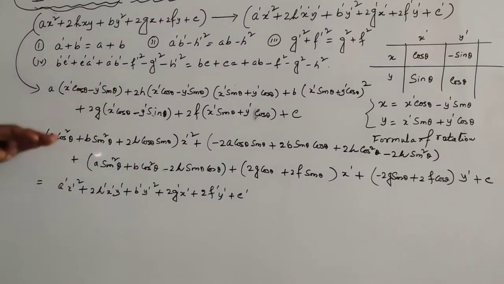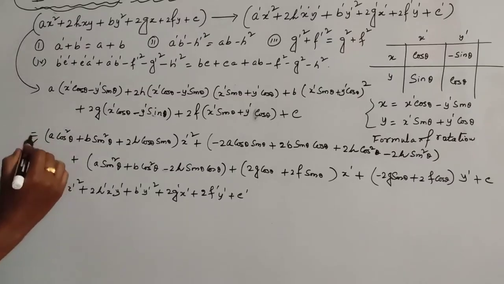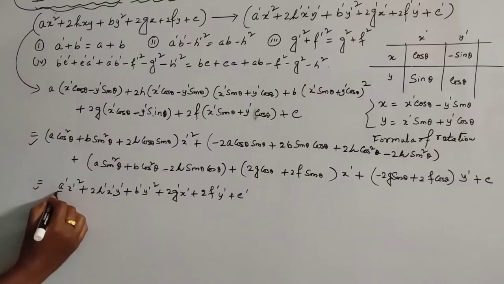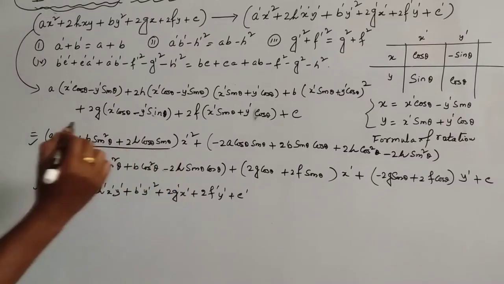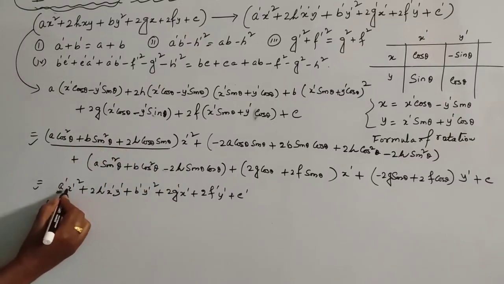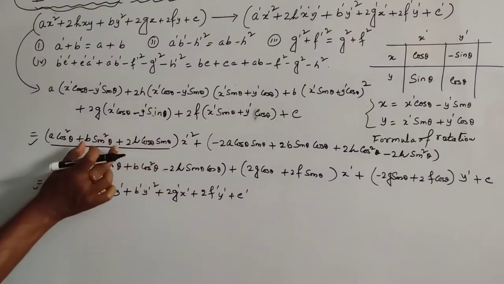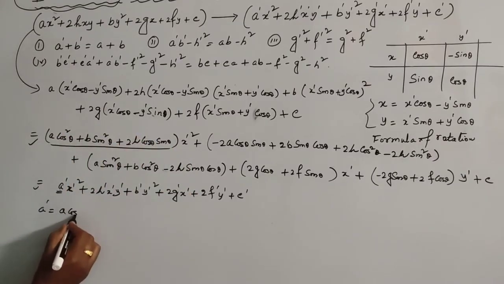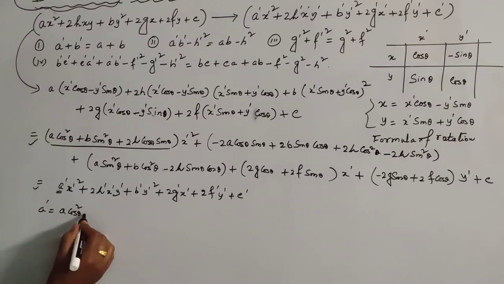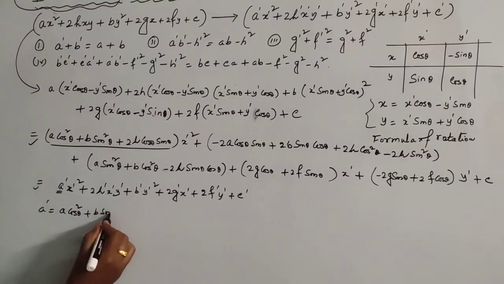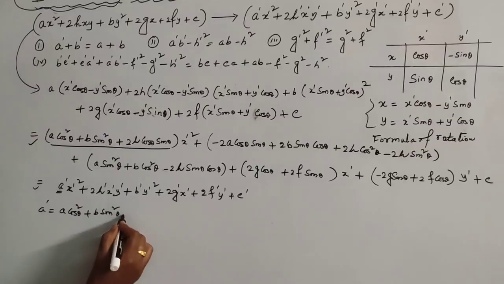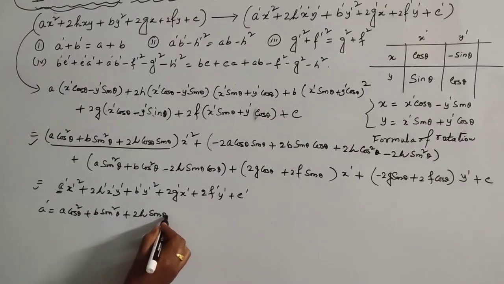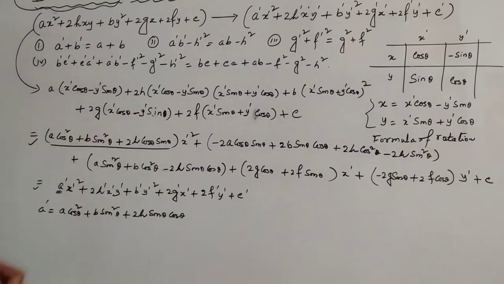Now comparing the two expressions, we get a dash equal to this expression, because here a dash x dash square and this is also a dash x dash square, so we get a cos square theta plus b sin square theta plus 2h sin theta cos theta.